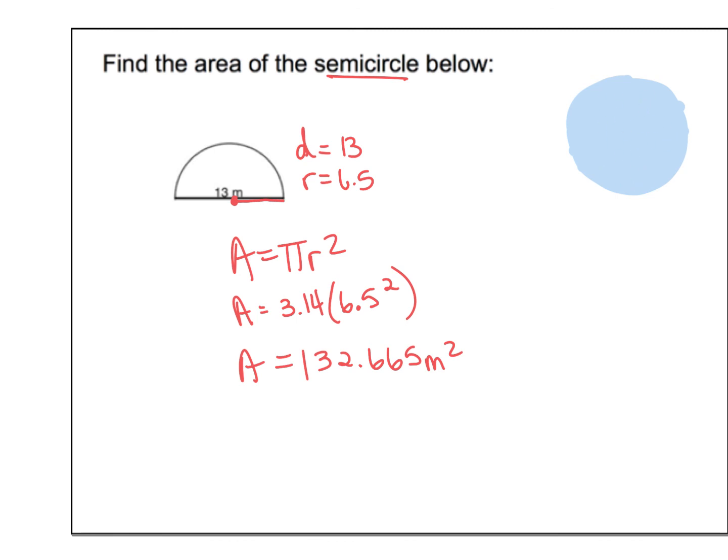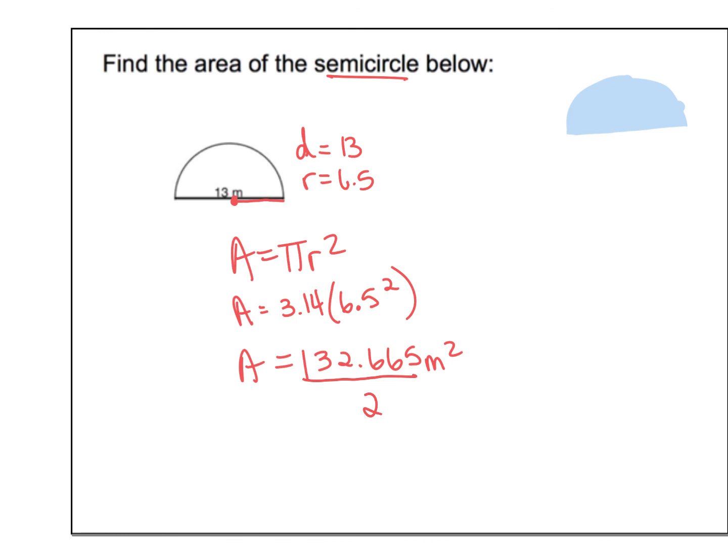All right, but my actual circle, my problem circle, is only half of a circle. So what do we need to do? We need to divide that circle in half because we don't need this other half. We only need the first half, right, the top half.